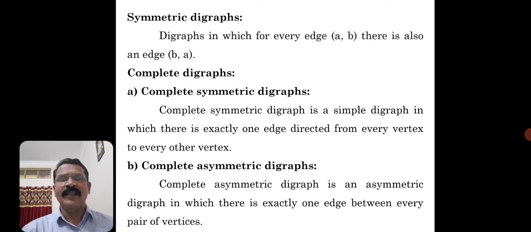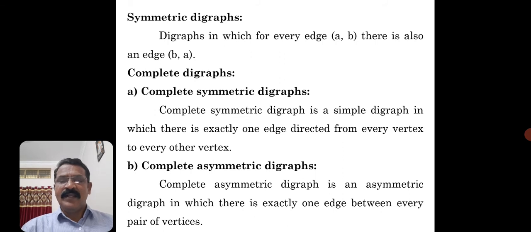Let us consider. A complete symmetric digraph is a simple digraph in which there is exactly one edge directed from every vertex to every other vertex. That's the difference.